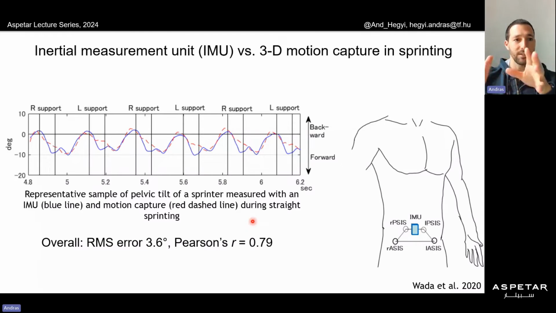And there is another option if we want to go more simple, which is inertial measurement units. It seems to be valid for the measurement of pelvic tilt. And if you're interested in this topic, there will be a study coming out very soon about IMUs used to track pelvic tilt and relating this to hamstring injuries.